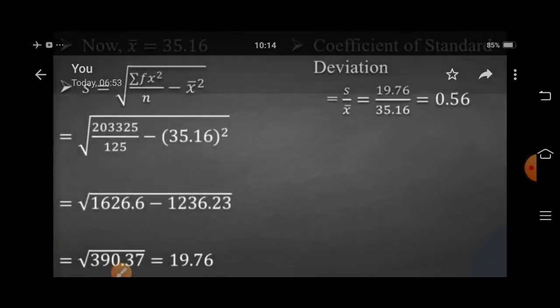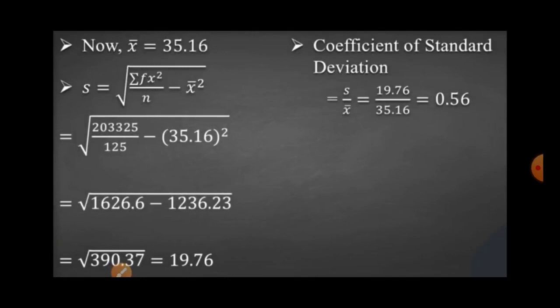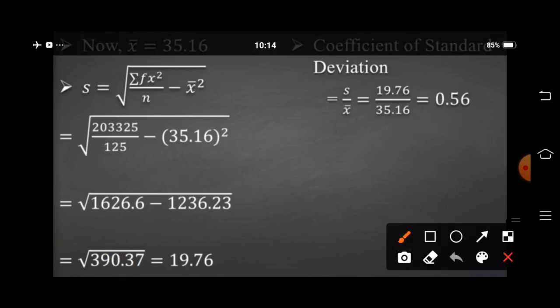Put into the formula. S equal to under root of sigma fx square upon n minus x bar whole square. Put all values, sigma fx square equal to 2,03,325, n equal to 125, x bar equal to 35.16 whole square.